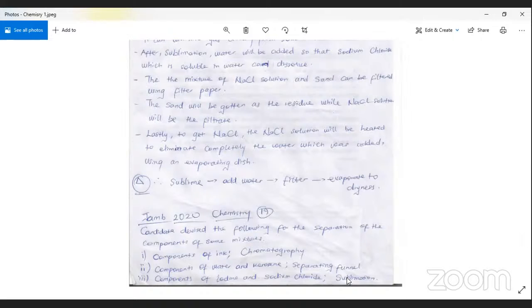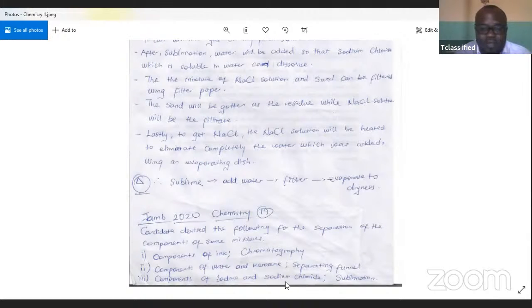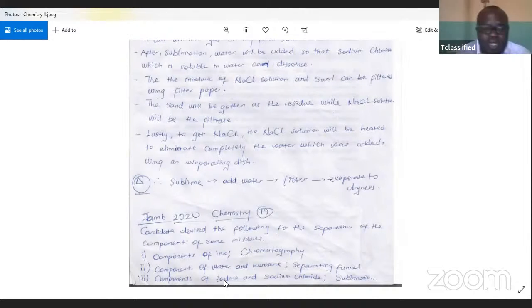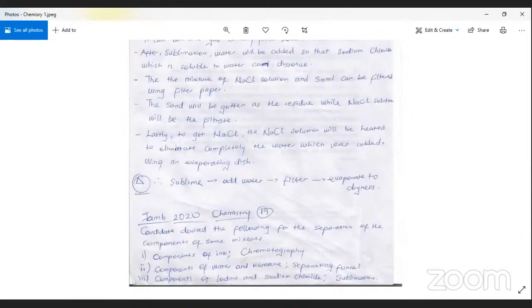Okay, you understand? If water is part of it, that's when you'll be talking about adding water. But here you are talking about two solids, iodine and sodium chloride, which is soluble. So sublimation can happen for iodine, then you can have your sodium chloride.